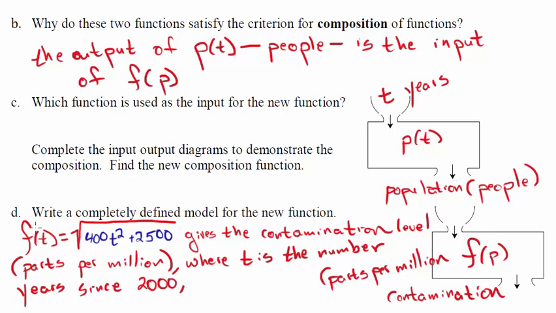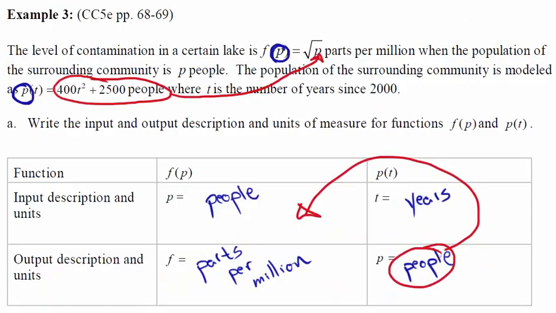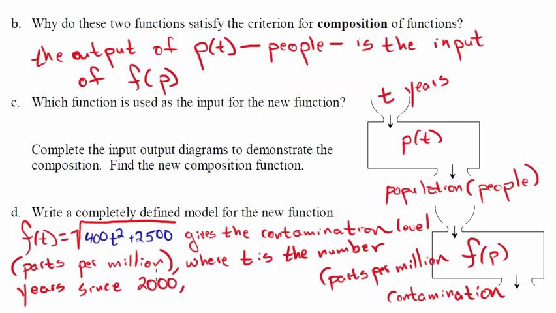Let's flip back here and see if we were given a domain. We do not have a domain here, so we are going to say our domain goes from 2000 to, it is currently 2016, so let's go 0 to 16.